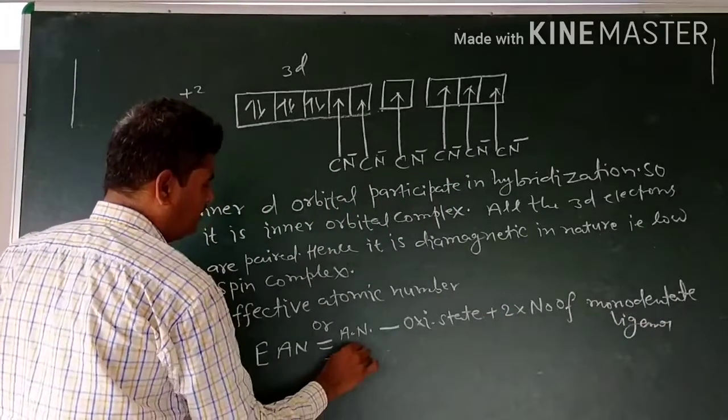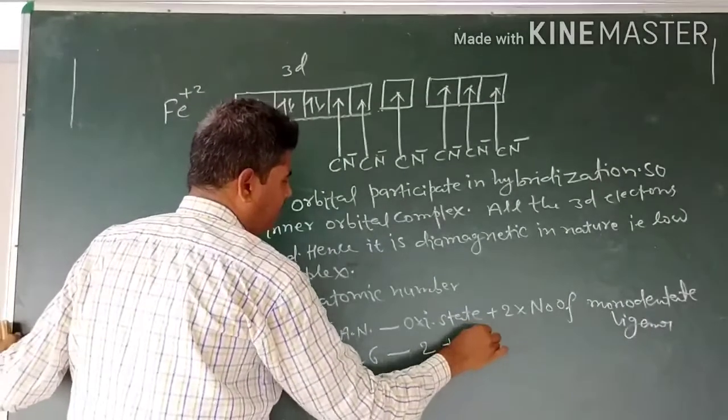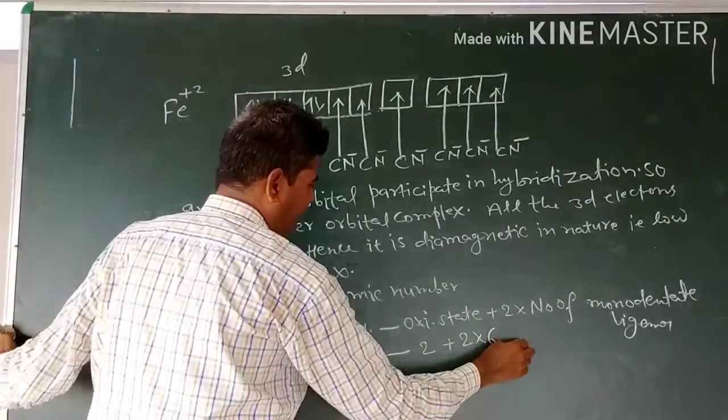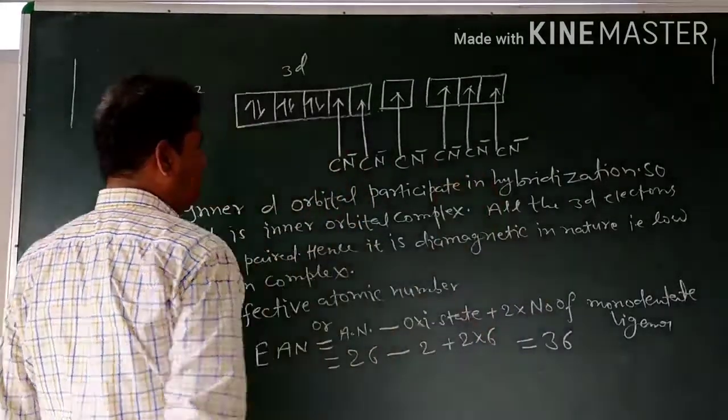Thus 26 minus 2 plus 2 times 6 is equal to 36.